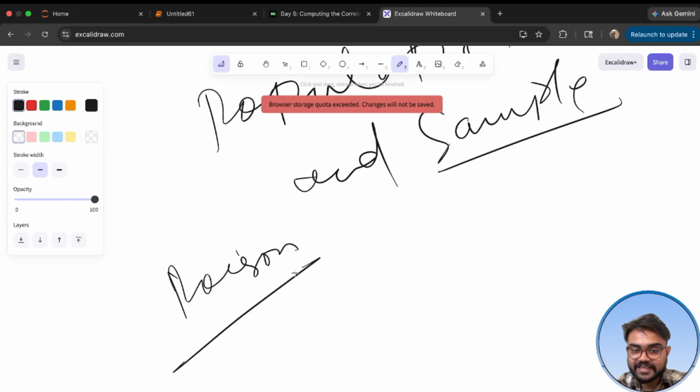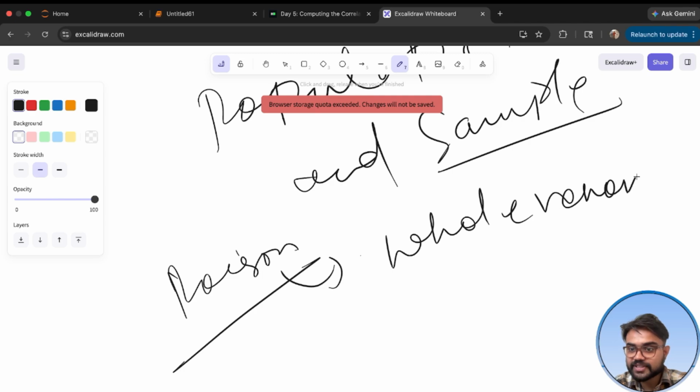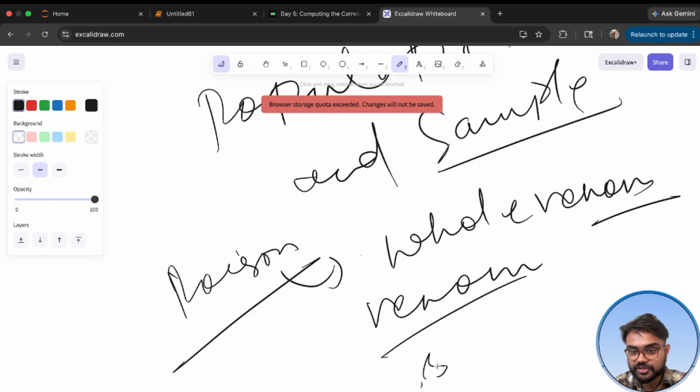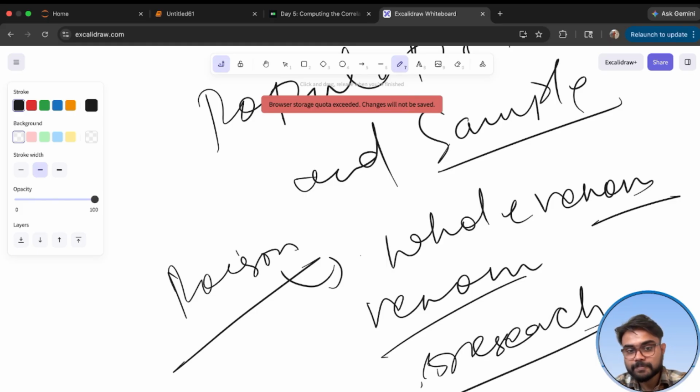In that case, researchers are not going to take the whole venom, right? So what they are going to do is take 2 to 3 drops of venom. After that they will start performing the research. With the help of those 2 to 3 drops they will figure out about the whole venom, and they will say it is more venomous or less venomous.